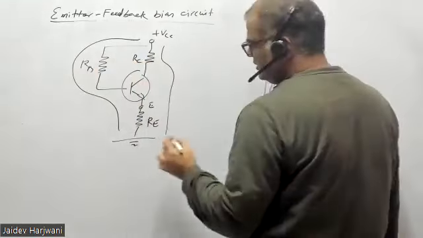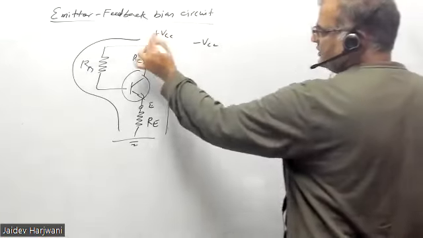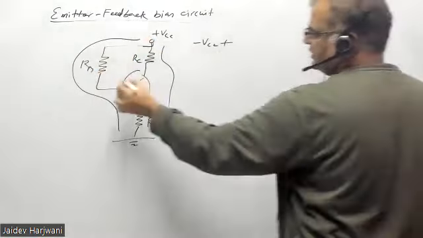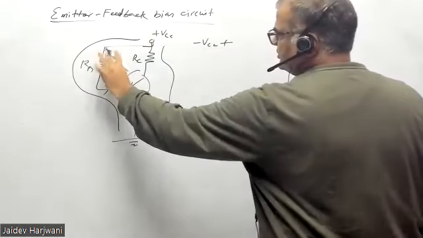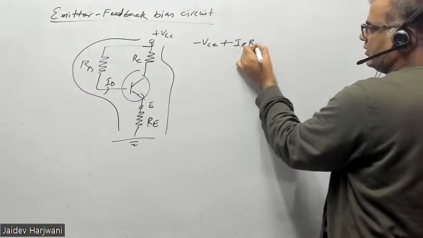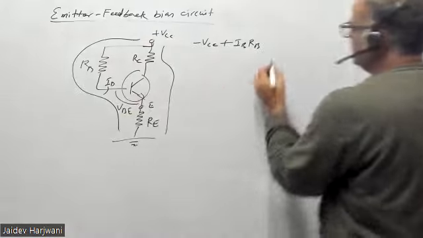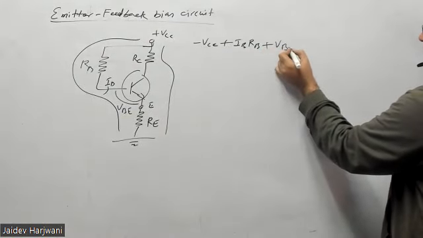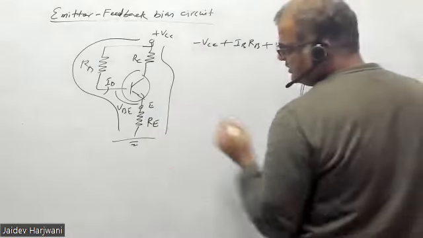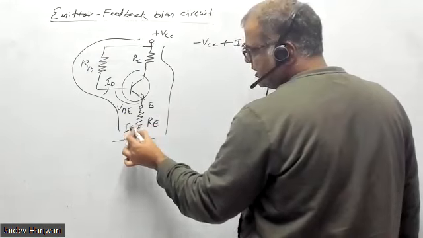This is your IC. So input equation again: minus VCC plus, here current is flowing IB, this drop will be IB RB, and this drop is VBE, plus VE. Now here this resistance is also there. So here emitter current is flowing, so here current is IE.